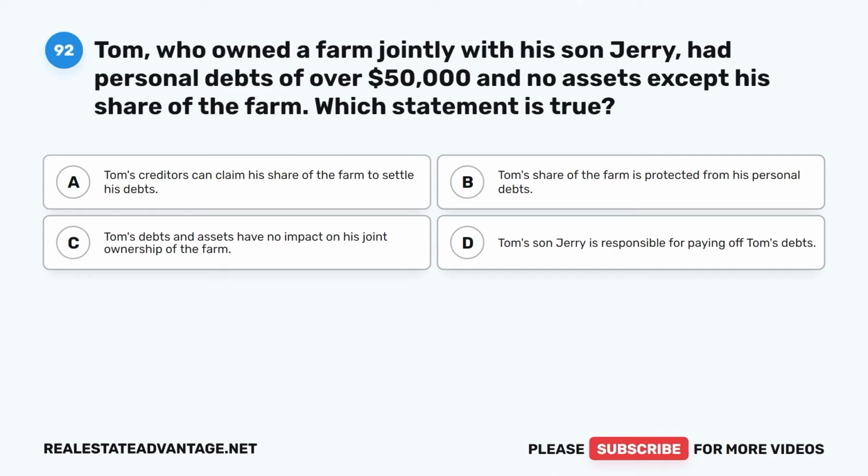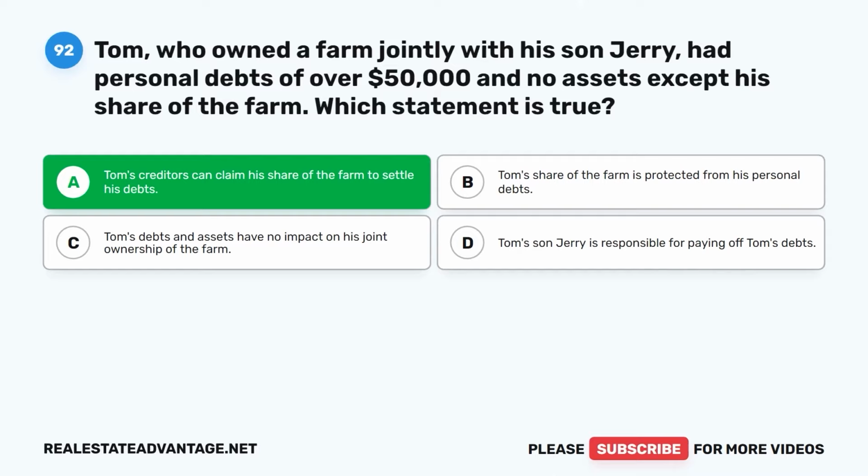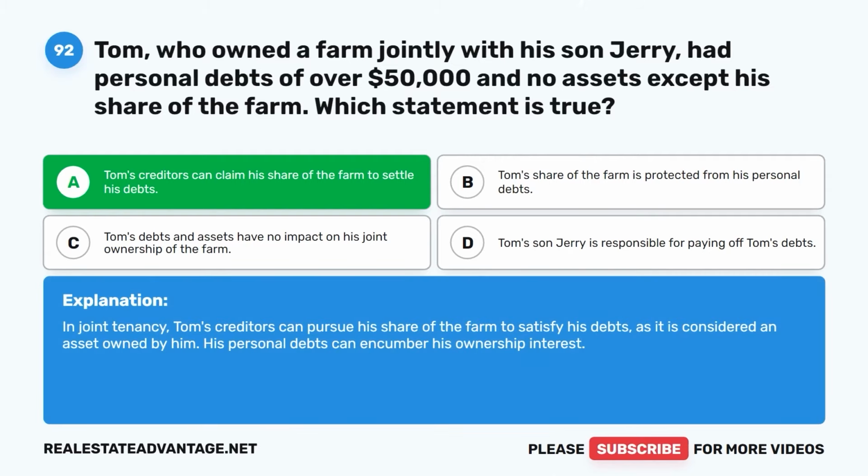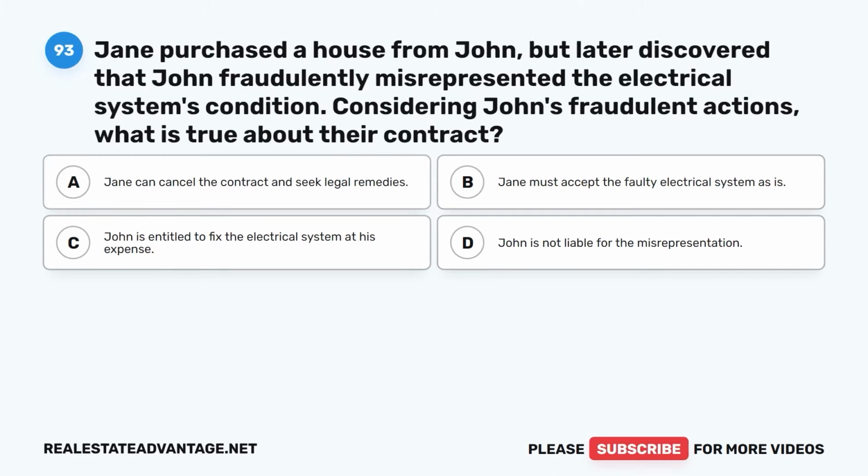D. Tom's son Jerry is responsible for paying off Tom's debts. The correct answer is A. Tom's creditors can claim his share of the farm to settle his debts. In joint tenancy, Tom's creditors can pursue his share of the farm to satisfy his debts, as it is considered an asset owned by him. His personal debts can encumber his ownership interest. Question 93.